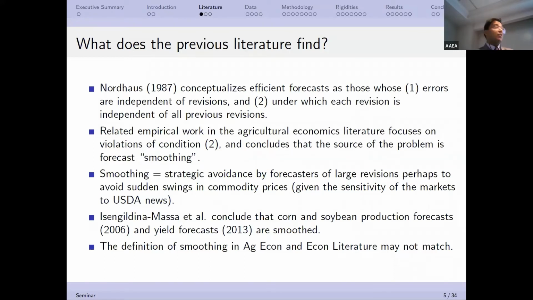These studies show that yes, forecast revisions are correlated with previous forecast revisions, and as a result, there is smoothing in these forecasts. For example, Isengildina-Massa and coauthors in 2006, 2013, and 2017 papers show that corn and soybean production forecasts are smoothed. However, as I said previously, there's a discrepancy in the definition of smoothing in the agricultural economics and economics literature.